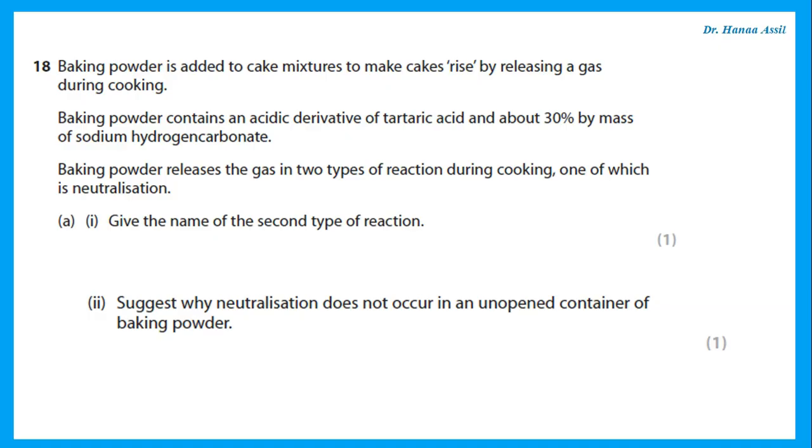In neutralization, a carbonate or hydrogen carbonate with acid will give carbon dioxide gas. But we could also get the carbon dioxide gas by another type of reaction, just heating the sodium hydrogen carbonate, which breaks up, and that is called thermal decomposition.